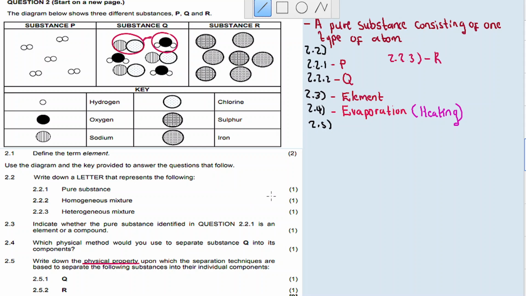Yeah, the physical properties, right? Write down the physical property upon which the separation techniques are based to separate the following substances into their individual components.